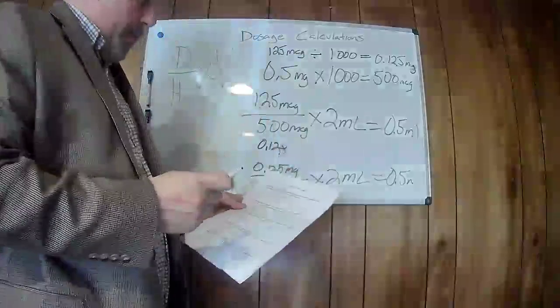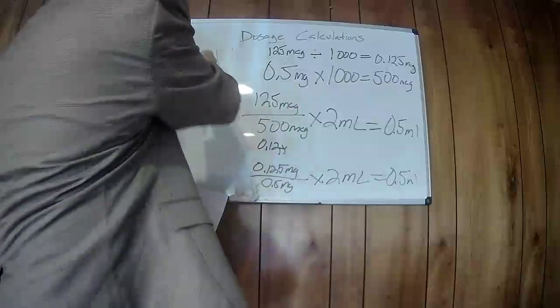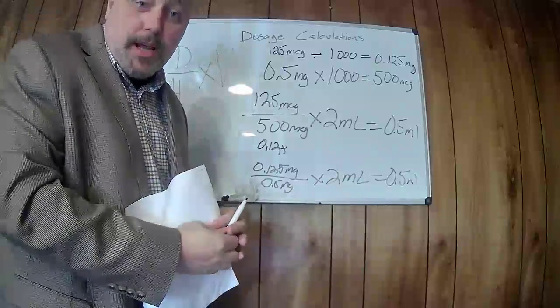It doesn't matter which one we convert. We can convert the micrograms or we can convert the milligrams. As long as we have the same units both on the top and the bottom, the math's always going to work out the same.